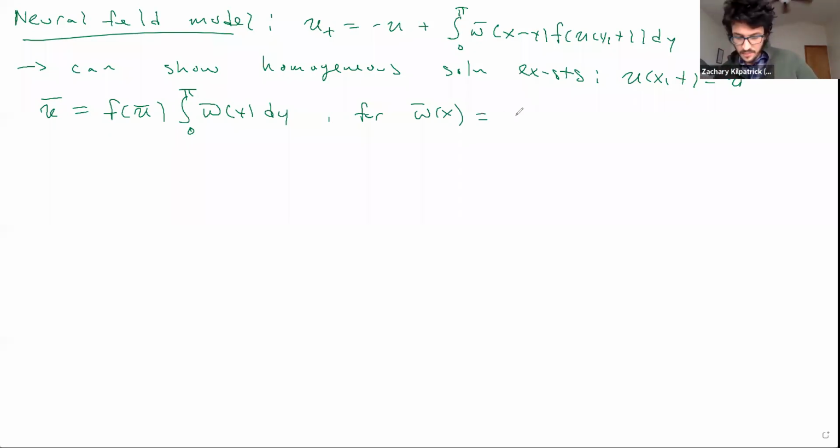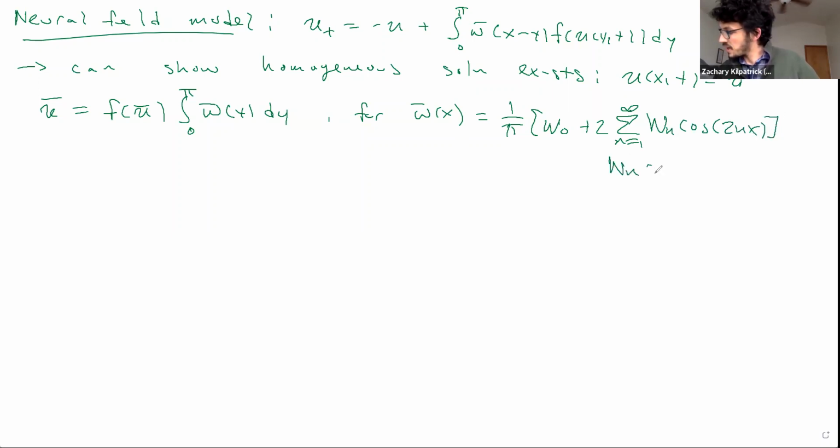If we take this to be just a sum of even Fourier modes, or just cosines, w_n cosine 2nx, where w_n is in R, then this becomes u bar equals w0 f of u bar, okay?